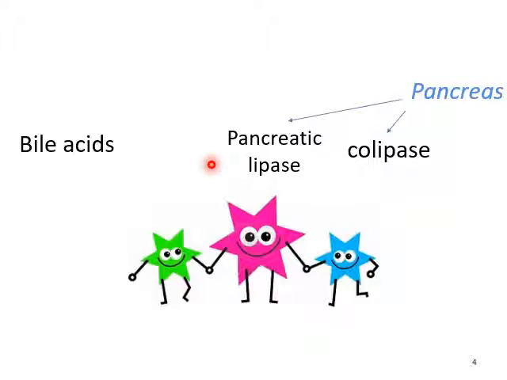They make the lipids in micelle form, and then they make them available for the pancreatic lipase to work on. But at the same time, bile acids exert an inhibitory action on pancreatic lipase. Therefore, colipase should be present so that pancreatic lipase can work efficiently.